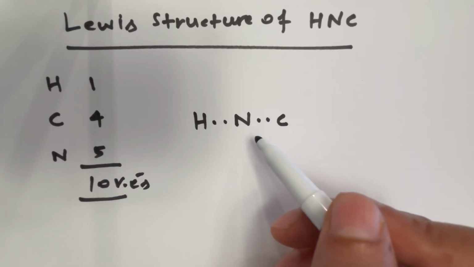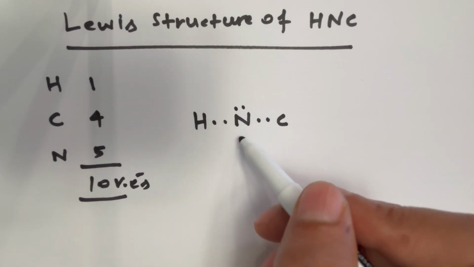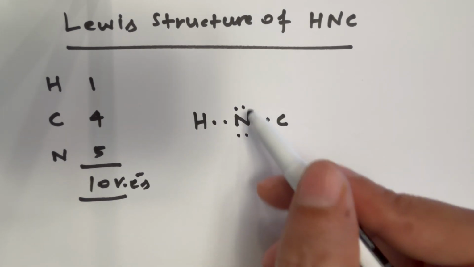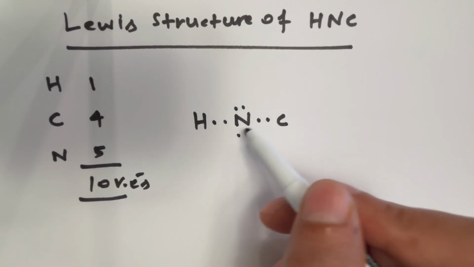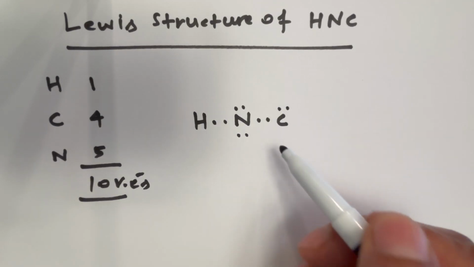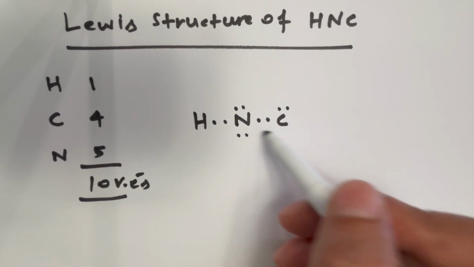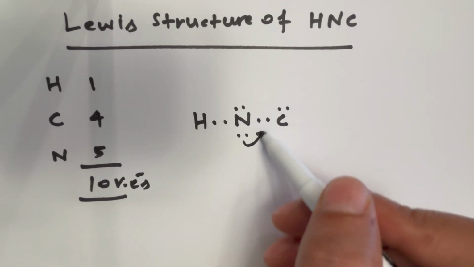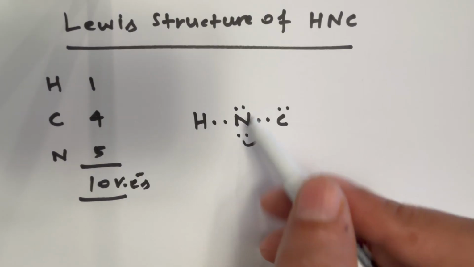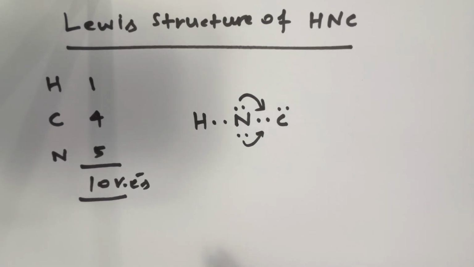We still have 6 valence electrons, which we can put, let us say, on nitrogen, 4 valence electrons. Then the nitrogen satisfies the octet, but the carbon does not satisfy the octet rule. We have only 4 electrons around carbon. Therefore, let us move the valence electrons of nitrogen to the bond pair.